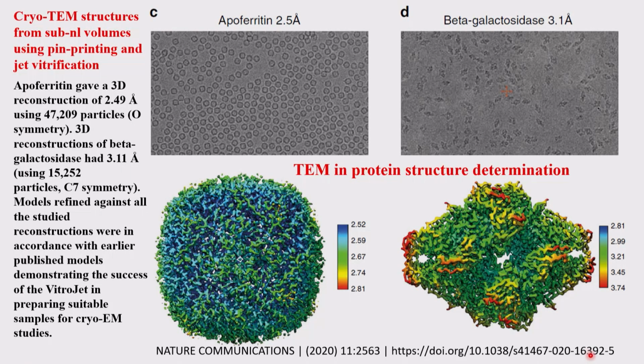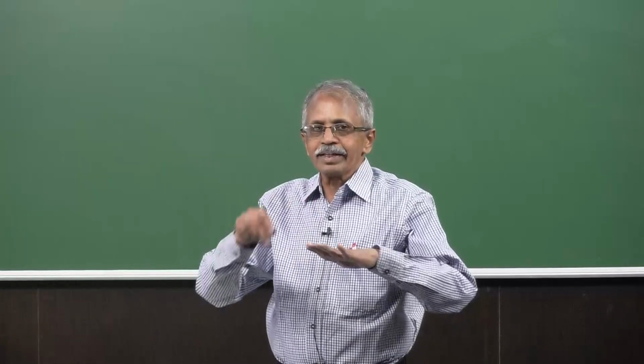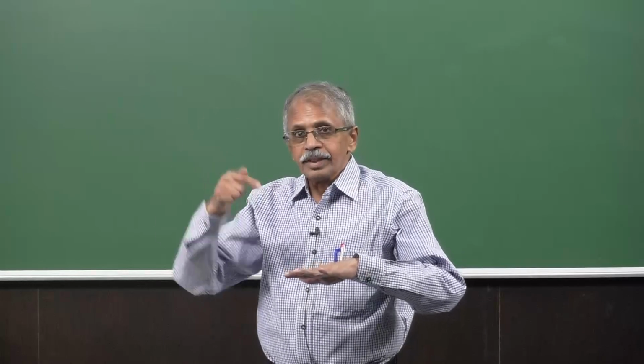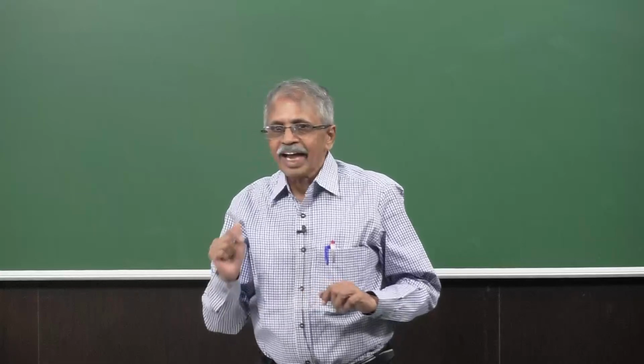You take an image for each, and in this case this is a 2.5 angstrom resolution. It's called 3D reconstruction, three-dimensional reconstruction. In this case you will be really surprised: 47,209 particles. Each one you have to focus with the beam. The beam should be as sharp.